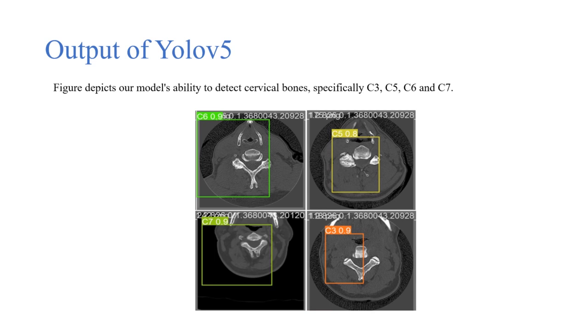In this figure, we can see that C3 is detected with a confidence of 90%, and C5 is detected with a confidence of 80%, C6 with 90 and C7 also with 90. This visual representation serves as a testament to the robustness and precision of our YOLO V5 model in successfully identifying individual cervical spine bones, reinforcing the efficacy of our approach in cervical spine bone detection.